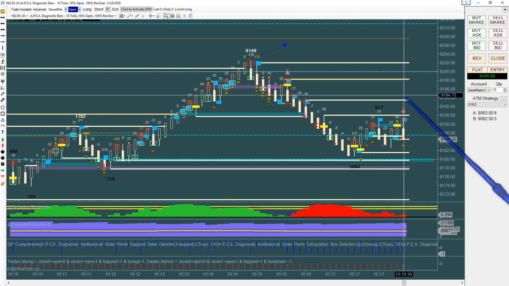What about here? We got a short X box. Came right up to a magnet pretty much and stopped where it stopped before. We got room to go down to that wall. We got red DR. What do y'all think? It's a little chop, but there's room in the chop to take profit.